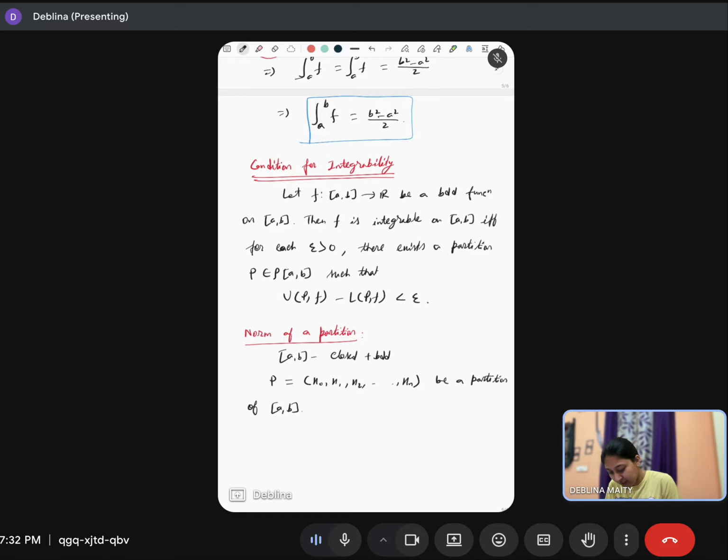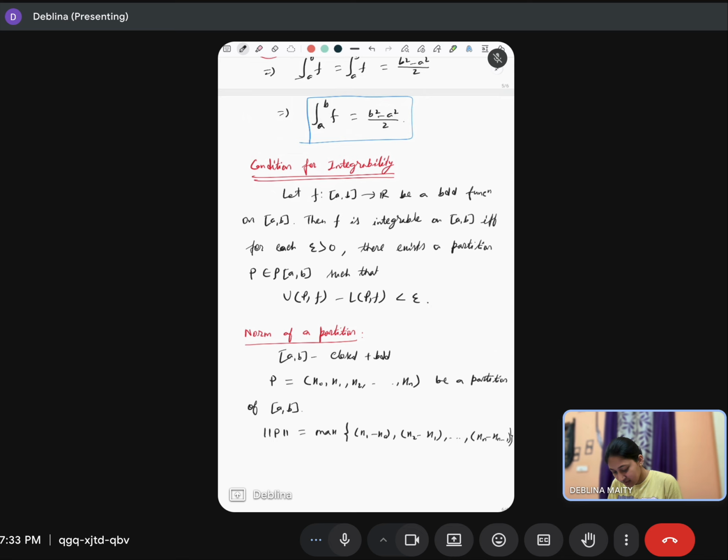Then we define the norm of P to be the maximum of these differences, xi minus x(i-1), right?